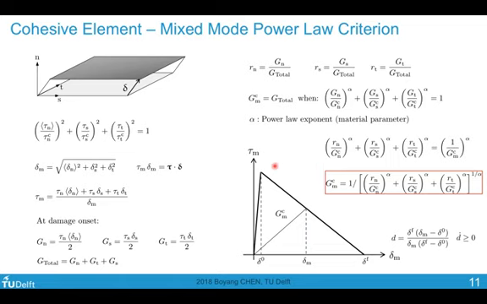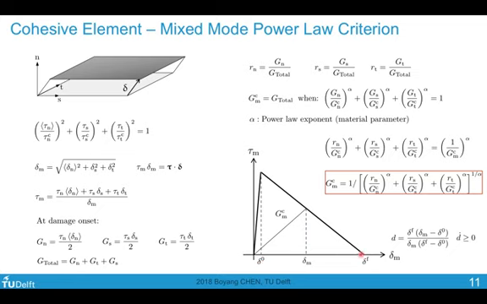So here we have defined the point of damage initiation. We have defined, based on power law, the area under this triangle. If we know the penalty stiffness, we can then calculate delta 0, which corresponds to the effective separation at the point of failure onset.